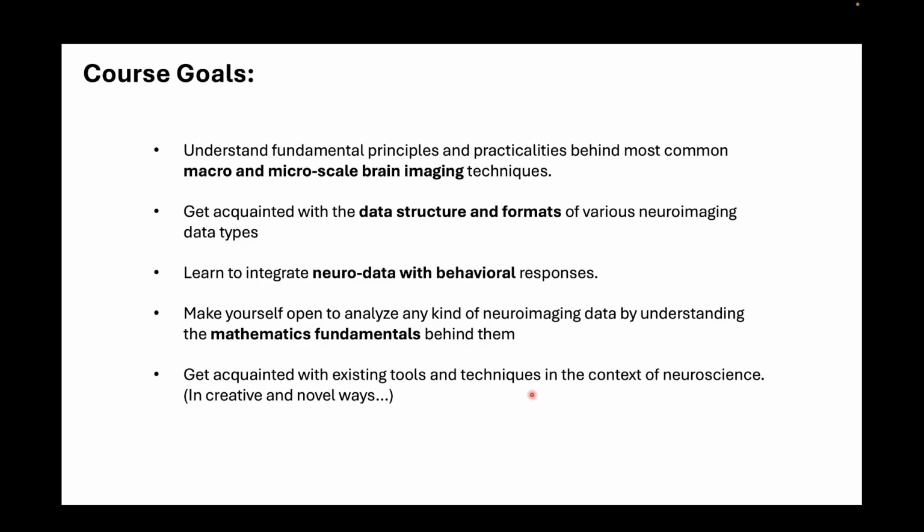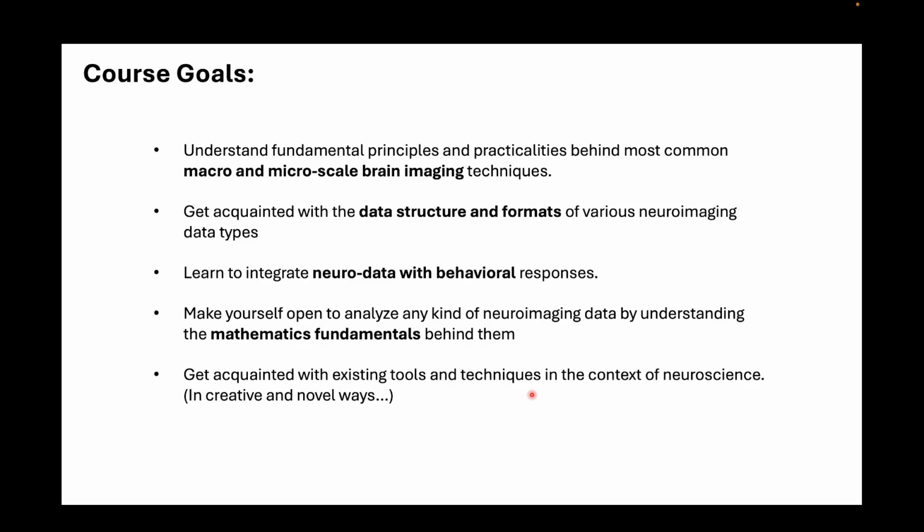So the course goals include understanding fundamental principles and practicalities behind the most common macro and micro scale brain imaging techniques. Brain imaging here does not mean imaging using an optical microscope or something, but recording brain activity on a macro or micro scale in different forms.